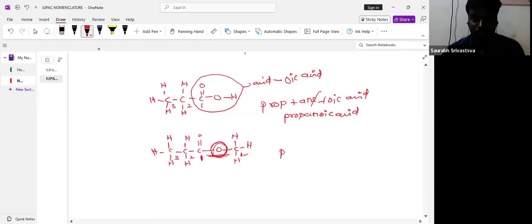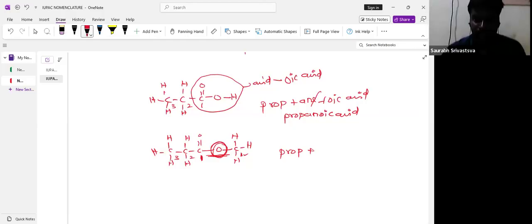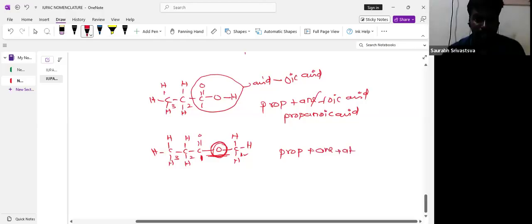Then we are calling it prop. And the next, acid means ATE. That means single carbons are there. ANE. Next ATE. And after that, this one we have to keep as a substituent.